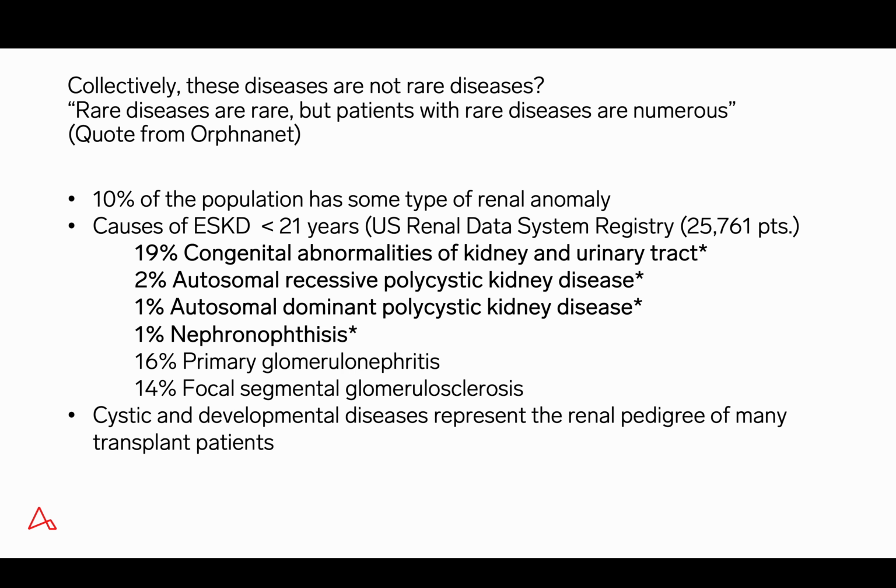By comparison, only 16% have primary glomerulonephritis and 14% focal segmental glomerulosclerosis. And although the top 4 diseases listed may not come to a renal biopsy, they do represent the renal pedigree of many renal transplant patients.